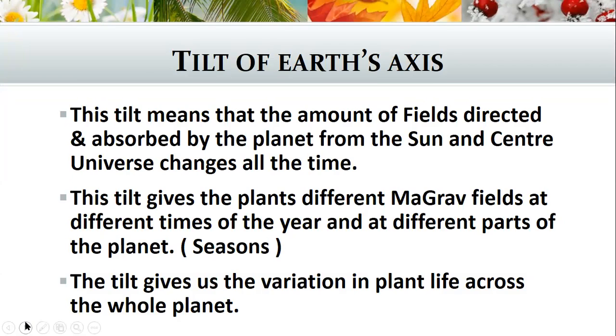This tilt basically gives us the variation in plant life across the whole planet. So if we look at north to south and east to west, we have that variety of plant life, and it's just due to the differences in the field strengths coming in. As well as the weather, obviously. Yes. Weather zones.